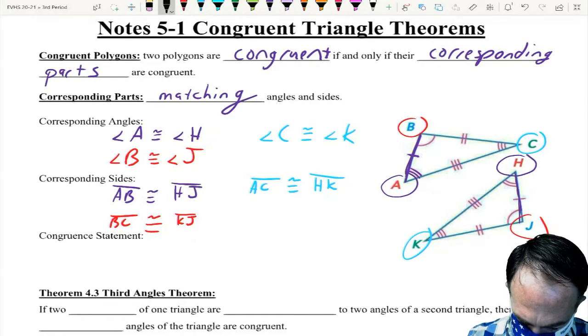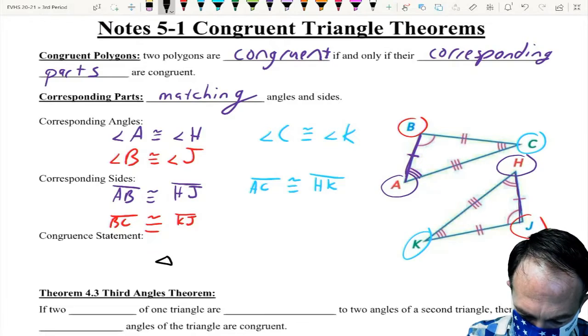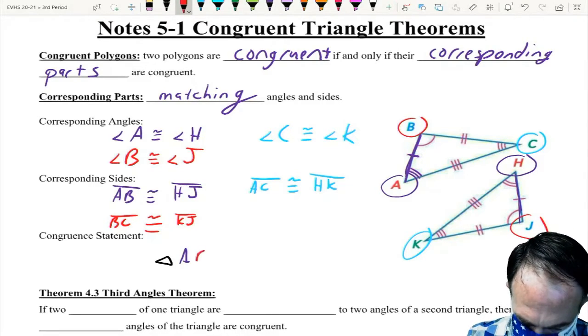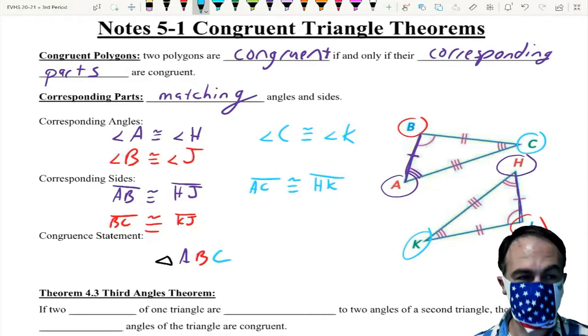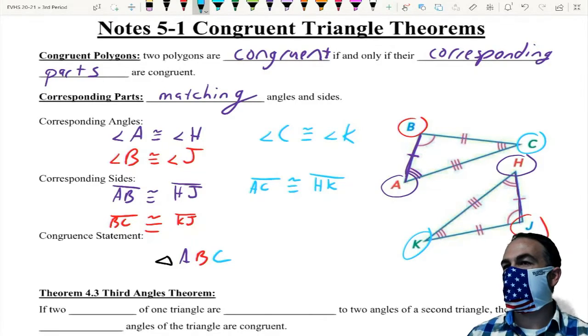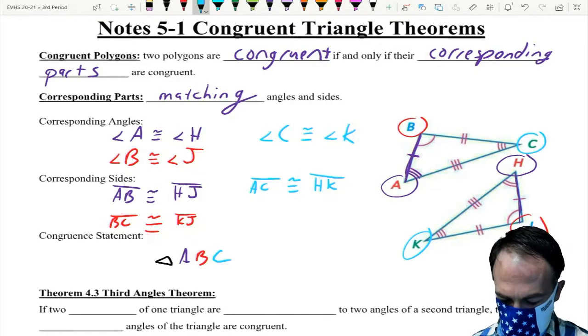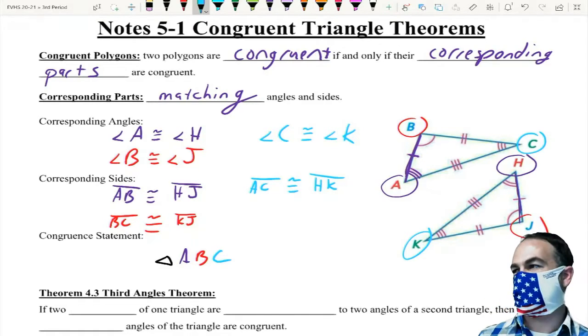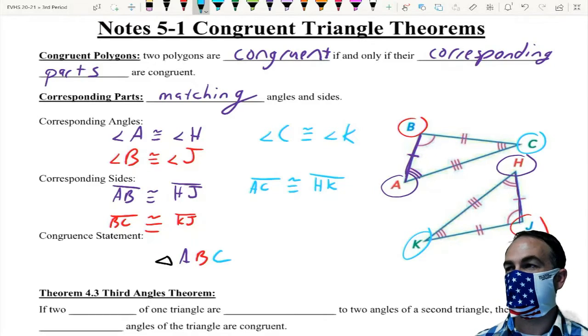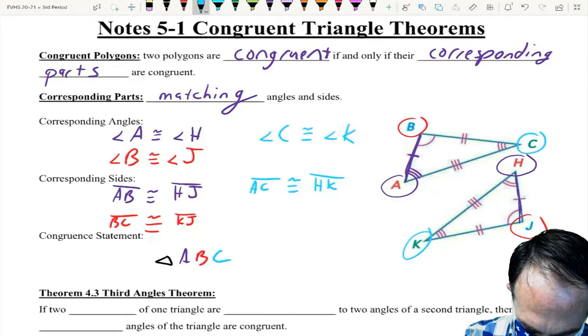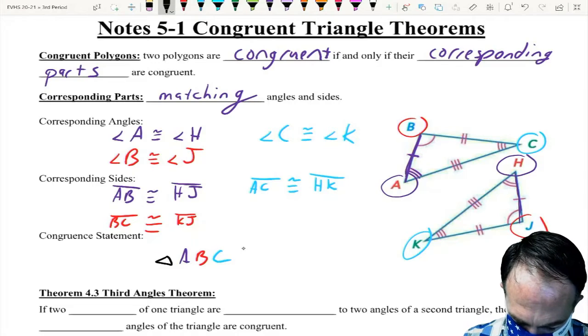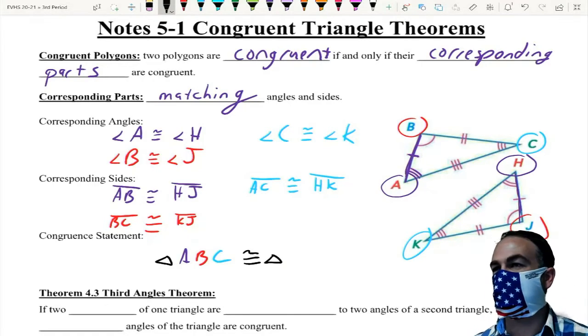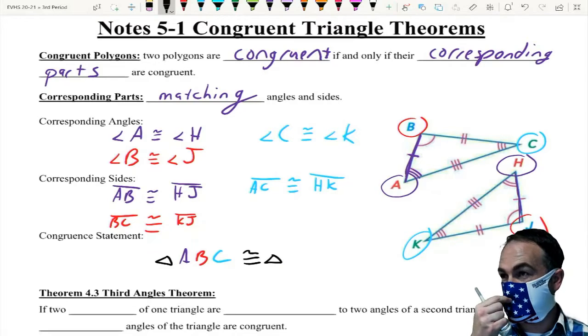So here's what we're going to do. We're going to call this triangle ABC. Now, the order of the first one that you write down does not matter. I could have written triangle BCA, BAC, whatever. What does matter is the second one, because this congruency statement is actually a roadmap to the corresponding congruent parts.